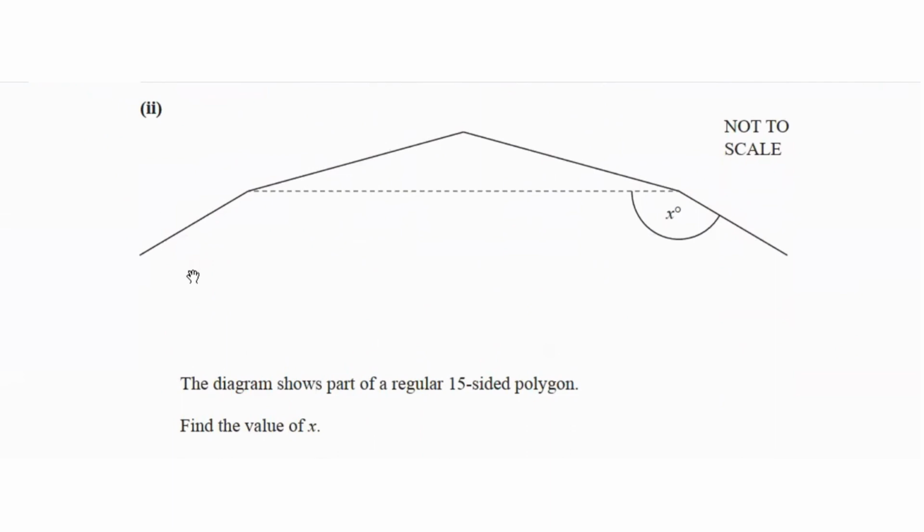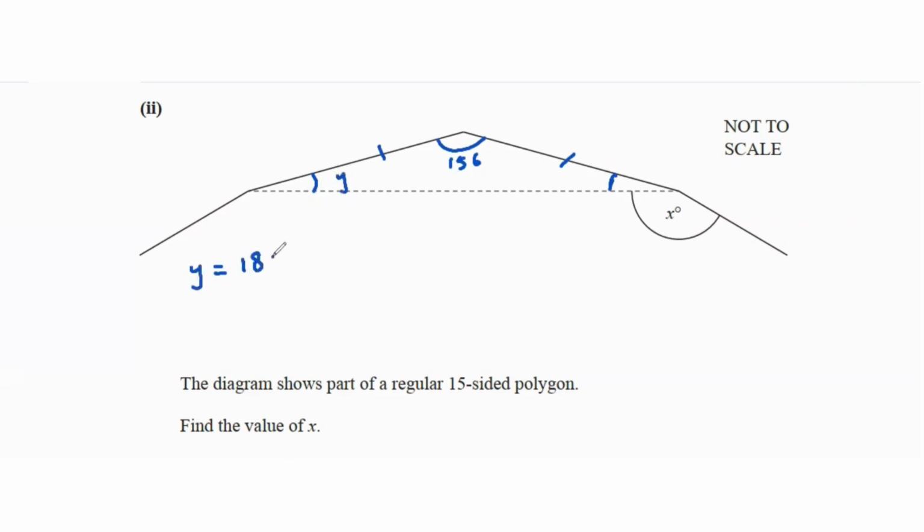The diagram shows part of a regular 15-sided polygon. Find the value of x. So we already found that this interior angle is 156. And since it's a regular sided polygon, this length is going to equal this length. So I'm going to start with finding these two angles because this is an isosceles triangle. I'm going to call this y.